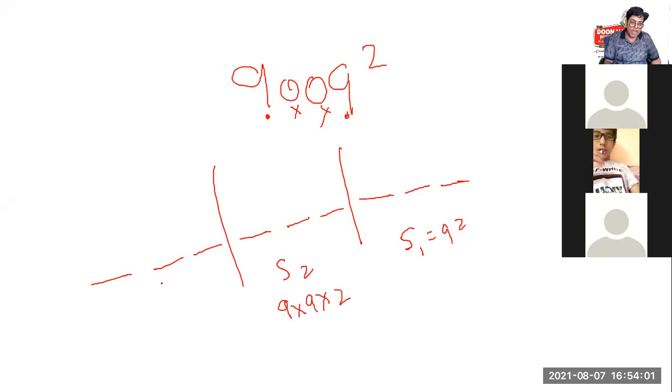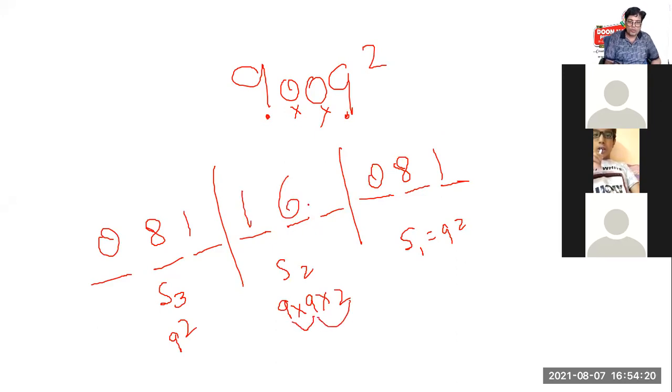And in the third step, I will write again 9 square, that is 0, 8, 1. 9 into 9 is 81, 81 into 2 is 162. So what is the answer? 8, 1, 1, 6, 2, 0, 8, 1.